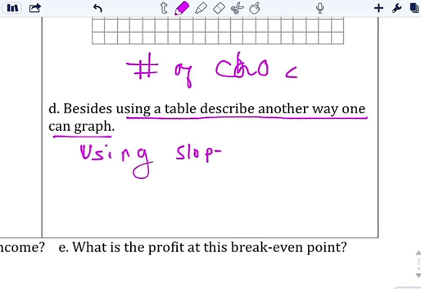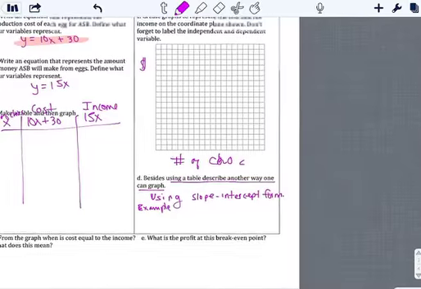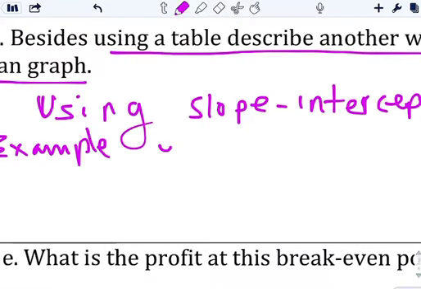All of you put it together. Slope-intercept form. So, for example, y equals, no, it's 30x plus 30.